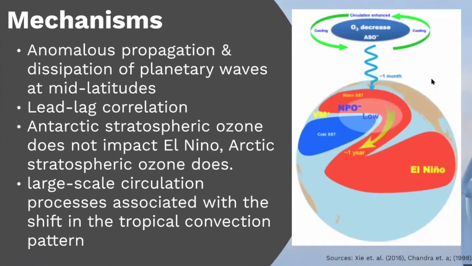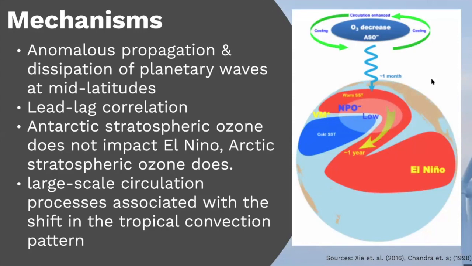El Niño can influence tropical ozone through many mechanisms. A team at Beijing Normal University reveals anomalous propagation and dissipation of planetary waves at mid-latitudes and a lead-lag correlation, with significant correlations with tropical and high-latitude stratospheric ozone, where El Niño leads ozone by 3 months.